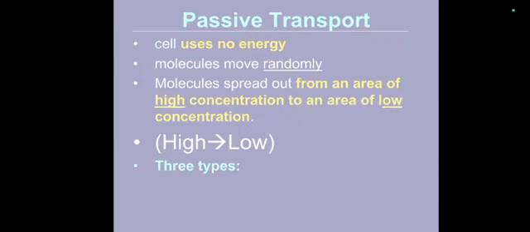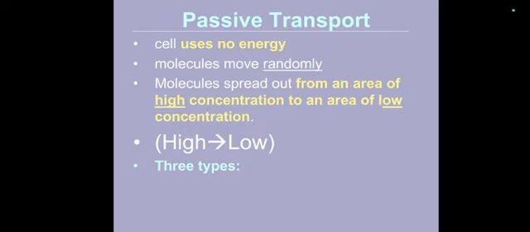Next, passive transport. In passive transport, the cell uses no energy. Molecules move randomly. Molecules spread out from an area of high concentration to an area of low concentration. This passive diffusion is characterized by transport of substances along their concentration gradient and electrical gradient.